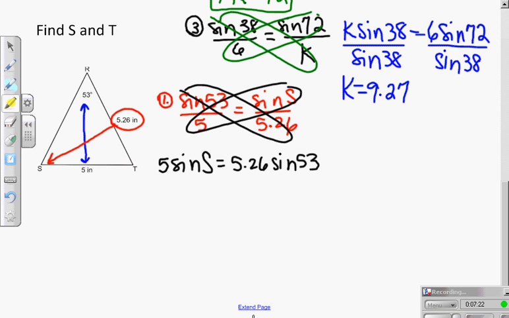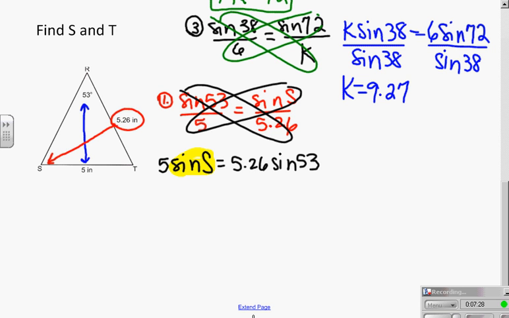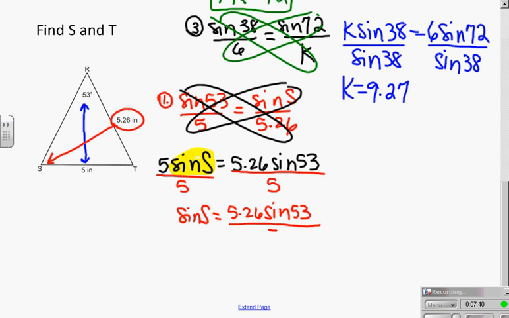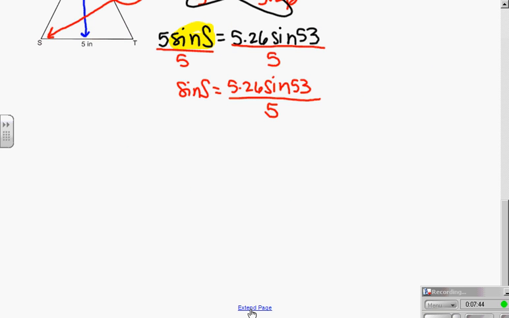Now, this time, my variable, my unknown, is S. And now it's linked with its ratio right now. So what I need to do is divide both sides by 5. And so I have the sine of S is equal to 5.26 sine of 53 divided by 5.